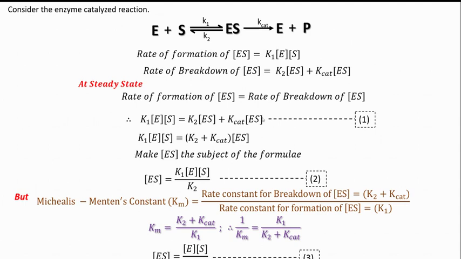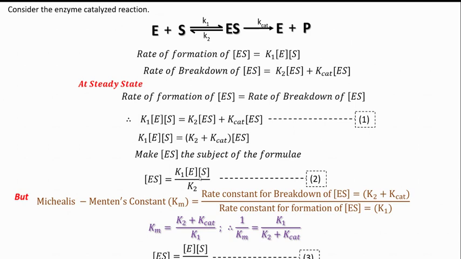So if you do the simple mathematics of factorizing, we have that K1 multiplied by E and S is equal to K2 plus K cat all multiplied by ES. So we make ES the subject of the formula, and we have that ES is equal to K1 E multiplied by S all over K2. Sorry, there is an error somewhere.